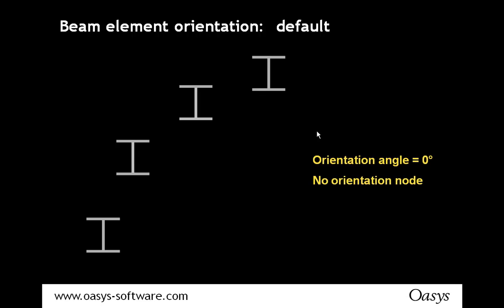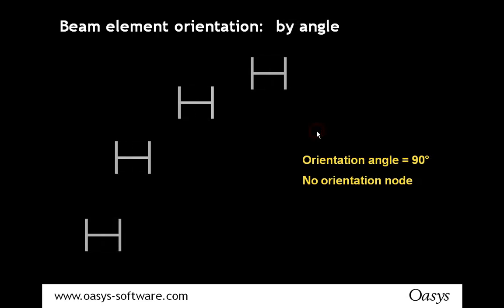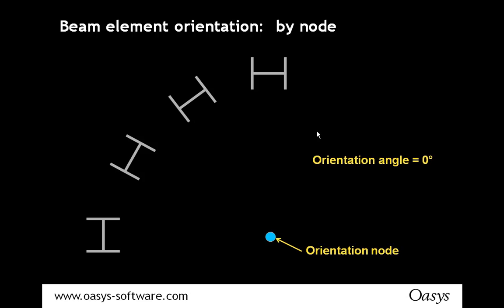We have orientations or rotations on the elements. For example, we have both an orientation angle and an orientation node. This is by default, this one here. You can add an orientation angle onto them to turn them all around, or you can orientate them all to a node.